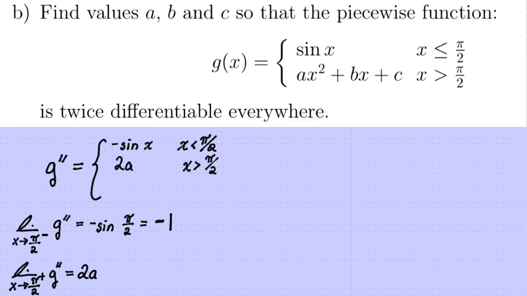Now, in order for g double prime to exist at pi over 2, it needs to be continuous at pi over 2. So I need negative 1 to equal 2a, so that a is equal to negative 1/2. So far, so good?